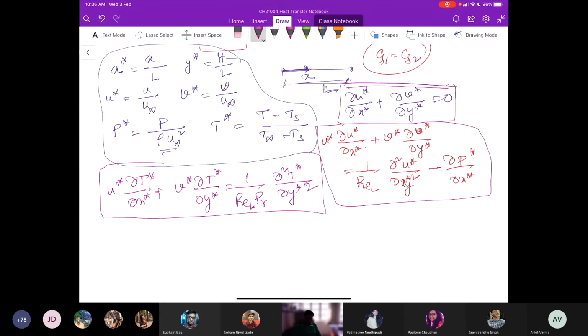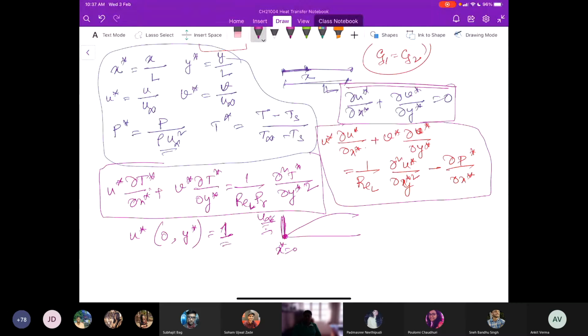Okay, so for example, one of such I am writing is that u at x star equal to 0 is 1. Remember, this is a flat plate, this is the leading edge, x is 0 or x star is 0. Here you have u free stream. So at x equal to 0, at any y or non-dimensional y, u is equal to u free stream.